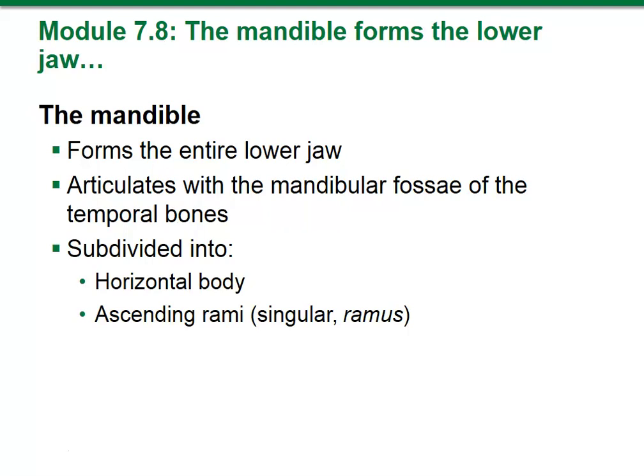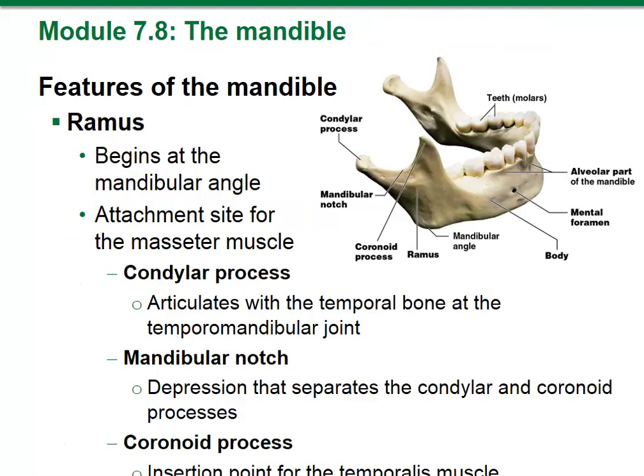And it's subdivided into a horizontal body and what we call ascending rami, which I'll show you. The part on the mandible that fits into the mandibular fossa is called the condylar process. So the condylar process fits into the mandibular fossa of the temporal bone.